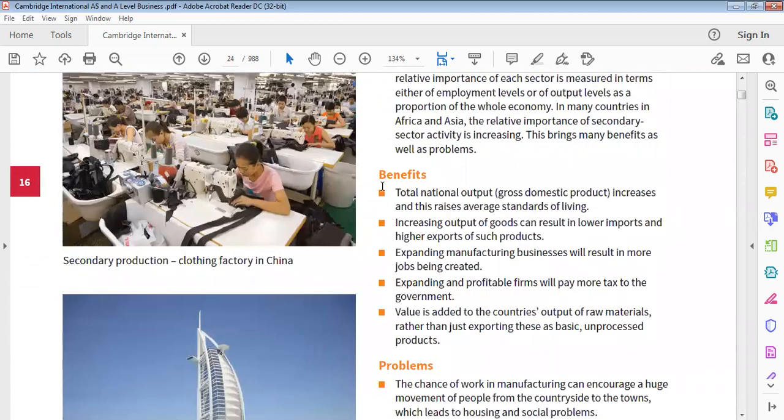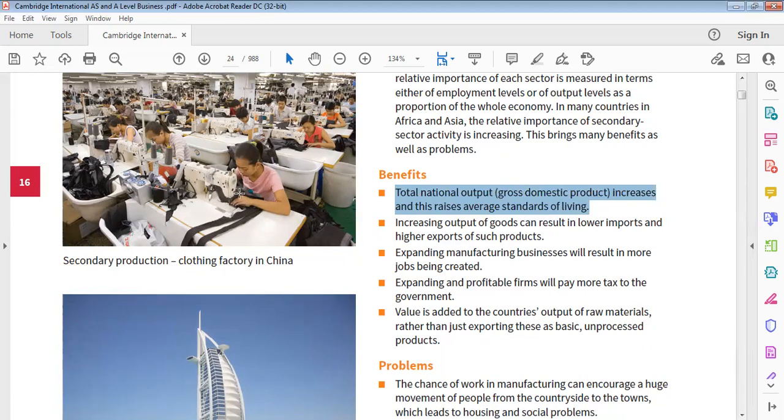Now here they're talking about what's the benefit of a country moving from primary to secondary, that means from a primary business activity or primary production to secondary production. What are some of the benefits? First of all, the national output increases. Whatever you're producing as a farmer, potatoes and tomatoes, when you build factories, you can produce more, because a factory is more efficient.